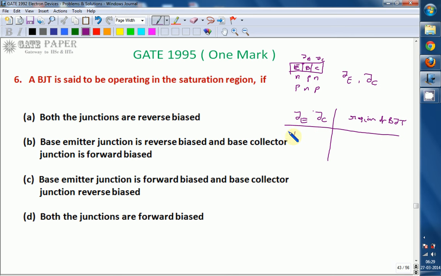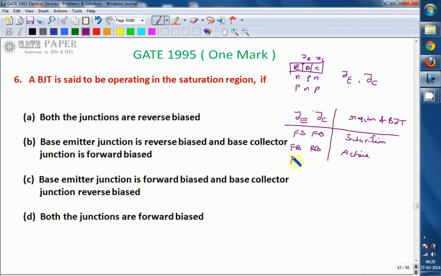If both are forward biased, at that time the BJT is in saturation region. If emitter base junction is forward biased and collector base junction is reverse biased, at that time it will be in active region.